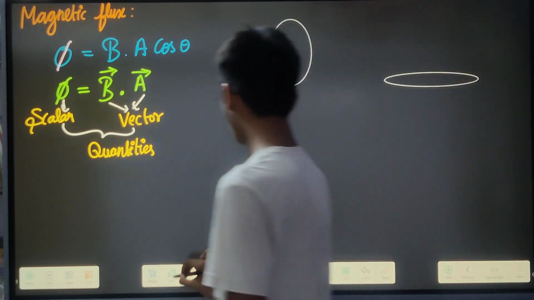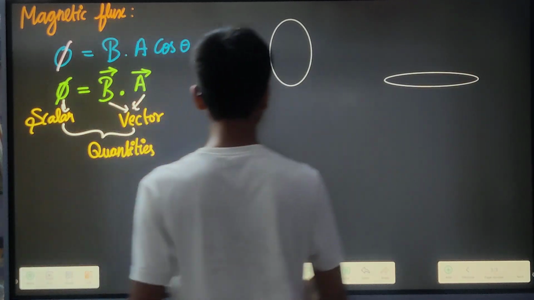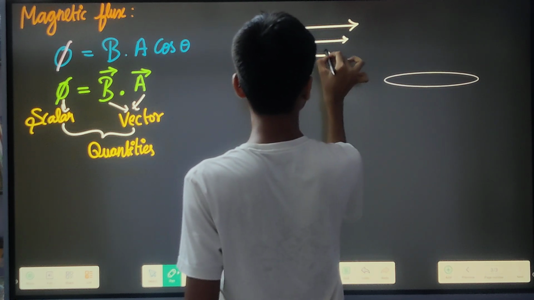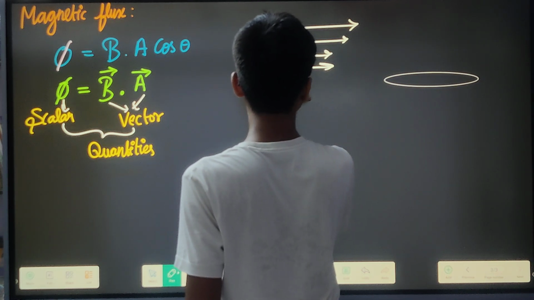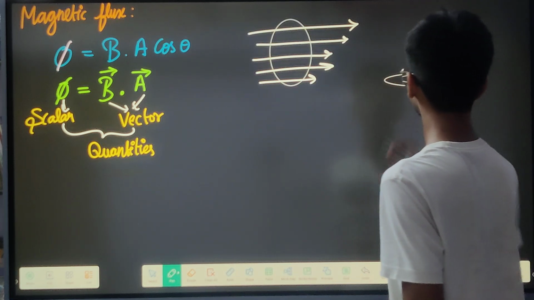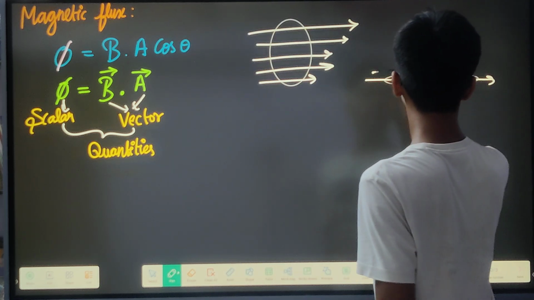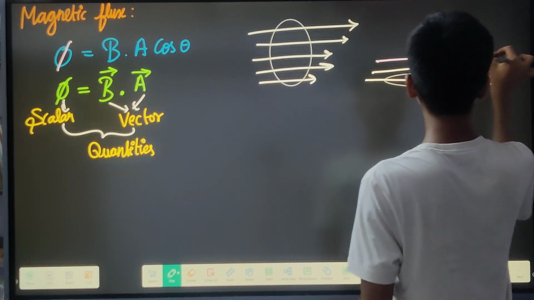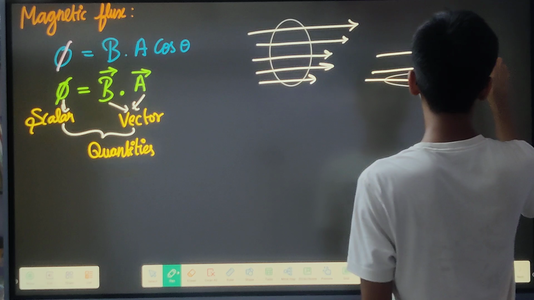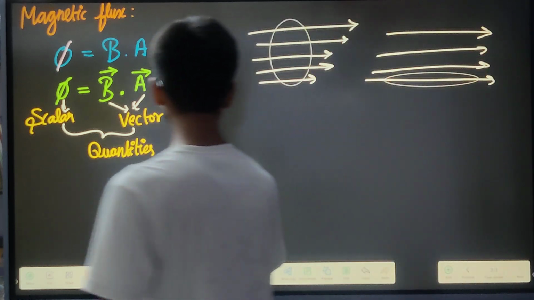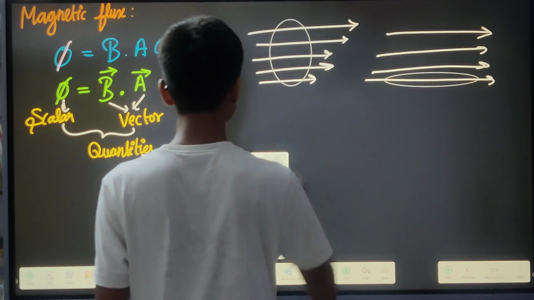Now I'm having a magnetic field in this direction, and then also like this. The same plate, but just the angle is different. I'm so sorry for this terrible diagram.